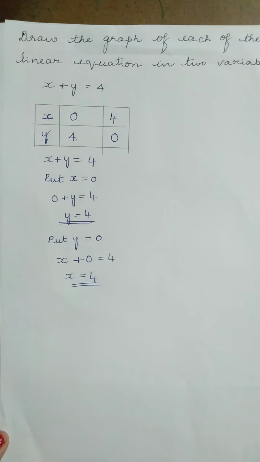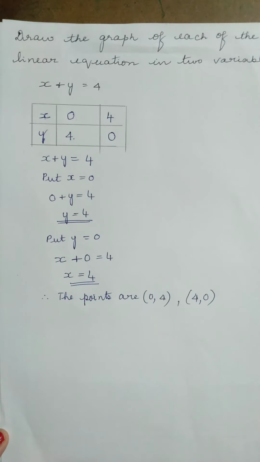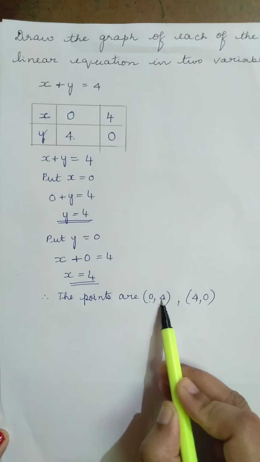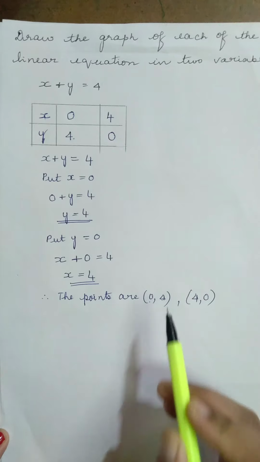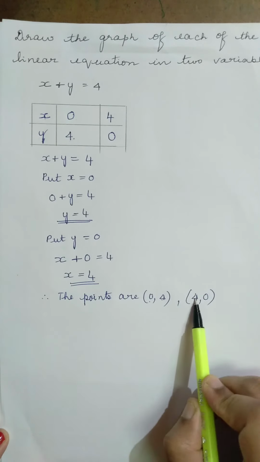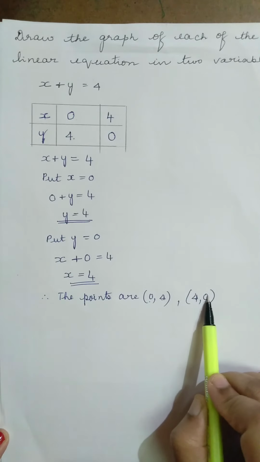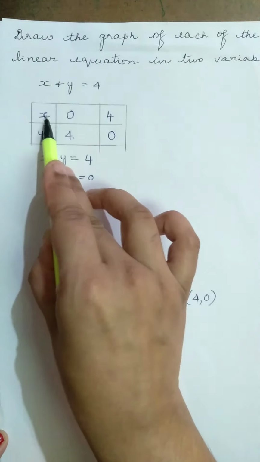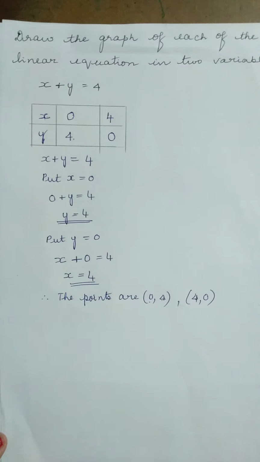Therefore, the points we obtained in this equation are (0, 4) and (4, 0), where in the first point 0 represents the x value and 4 represents the y value, and in the second point 4 represents the x value and 0 represents the y value. On substitution of x and y values, we need not take only 0. You can take any number of values.